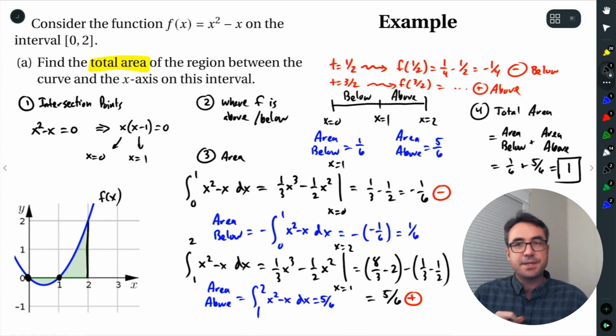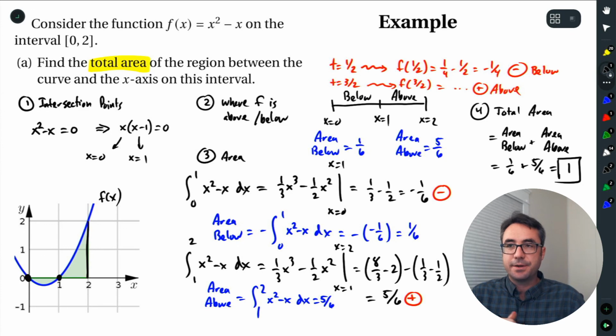And contrast that with the total area. With the total area calculation, we're adjusting for the fact that if we integrate from 0 to 1, that function is negative. And so we end up with a negative value for our definite integral. To figure out the area, we had to make this adjustment.